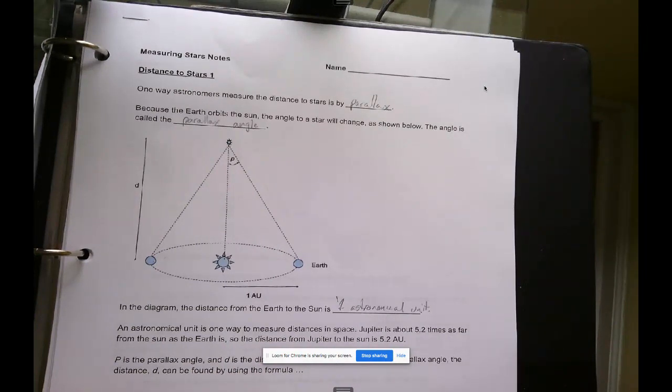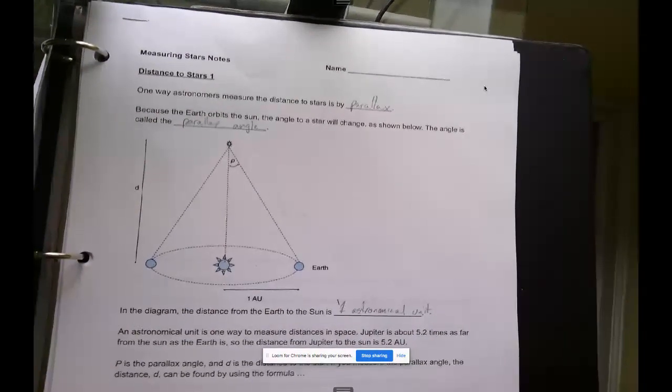Planets that are closer to the sun, like Venus, are going to be less than 1. It's going to be in here. And planets that are farther away, like Jupiter, are going to be more than 1. So this gives you an example. Jupiter is 5.2 times as far away from the sun as the Earth is. So it's going to be out here at 5.2 astronomical units.